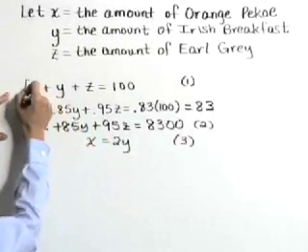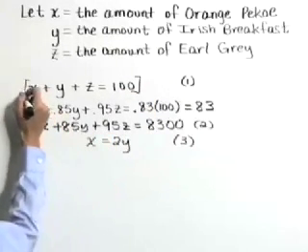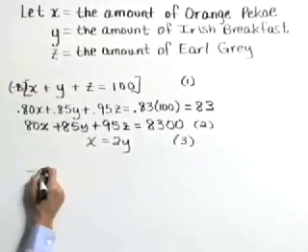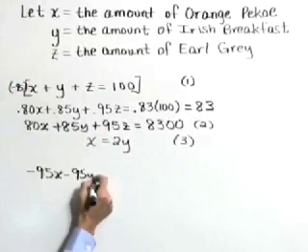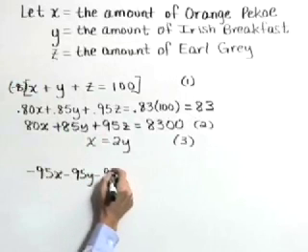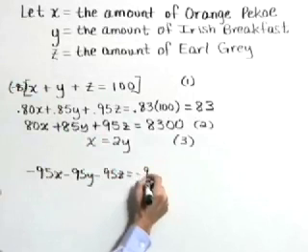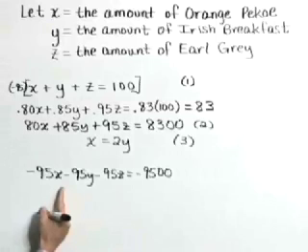Multiply equation 1 then through by a negative 95, to get negative 95x minus 95y minus 95z is equal to a negative 9,500.